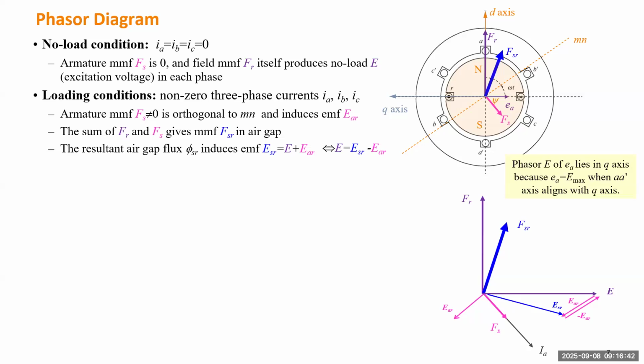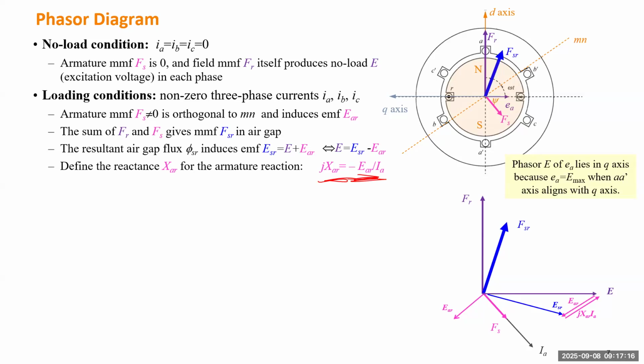Which means we can define this one to be the voltage drop on some reactance. So we just define this one to be reactance, and we can replace the negative EAR by the voltage drop of some reactance. So now we have the phasor diagram about the voltage, current, and also the voltage drop due to the reactance. The current is lagging the voltage by some angle, and this angle is psi.